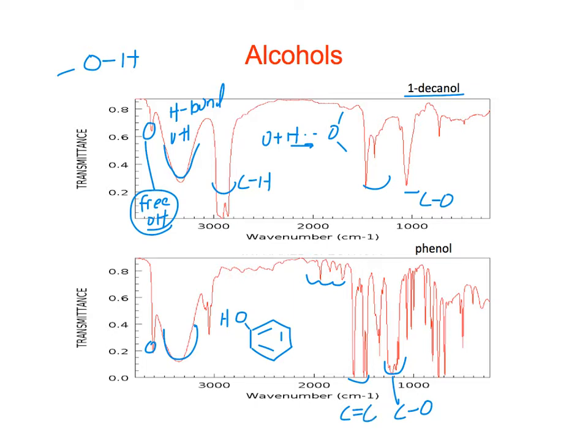And notice that, well, they're kind of overlapped a little bit, but these CHs are above 3,000, right? So these are the sp2 carbon-hydrogen stretches.